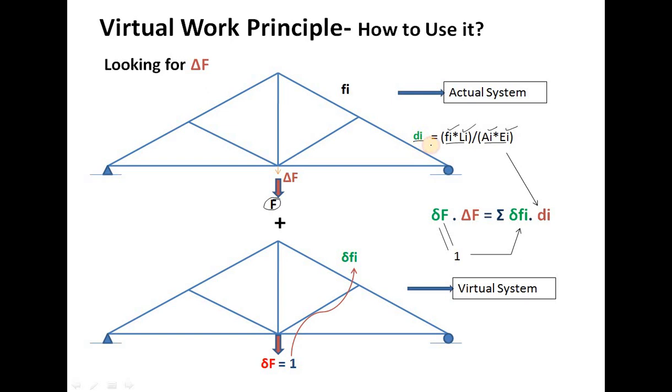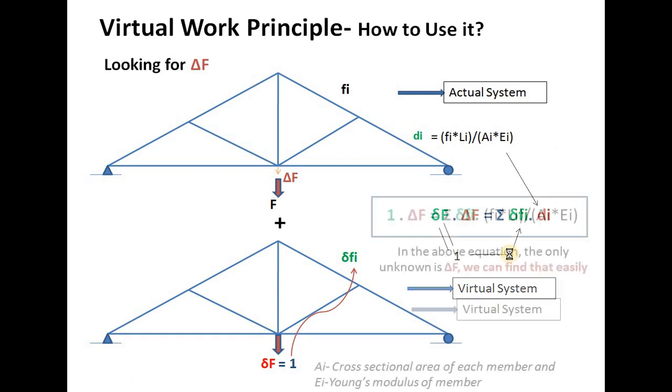So this Di can be easily found by this equation. This is in the form of PL by AE, if you remember. So this Di I also know, and that can be substituted here. I know this as 1, and this I have found by analyzing this truss. The only unknown left is delta F, which I can find easily.